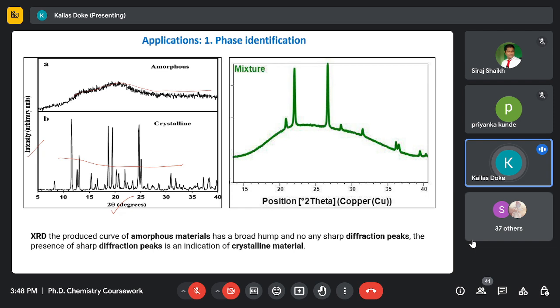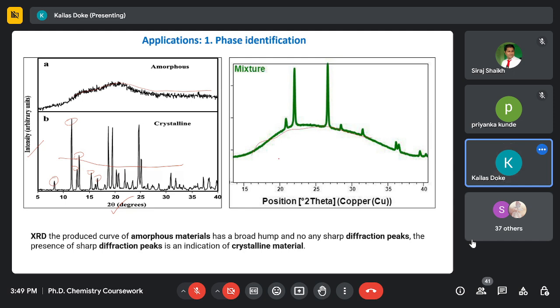Sometimes in material synthesis you crystallize some material from amorphous substances, and most of the time you observe such a powder diffraction pattern, which indicates that your product is not 100% crystalline. It is a mixture: some of the material gives a hump, and some intense peaks are also there. So your sample is a mixture of crystalline and amorphous substances.